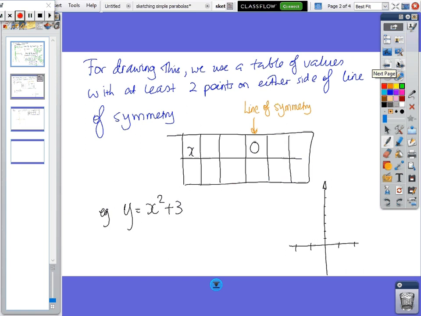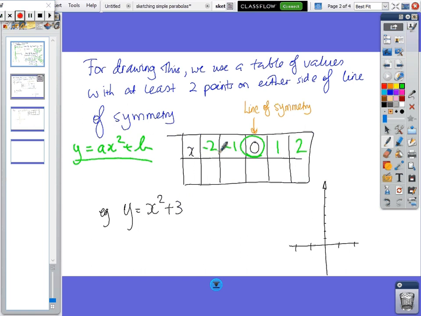Okay, so we're talking only about the form where there are 2 terms and there's no x. The line of symmetry will always be 0 in the middle. So for our table of values, the line of symmetry will be x equals 0, and then you just have to make up numbers on either side.